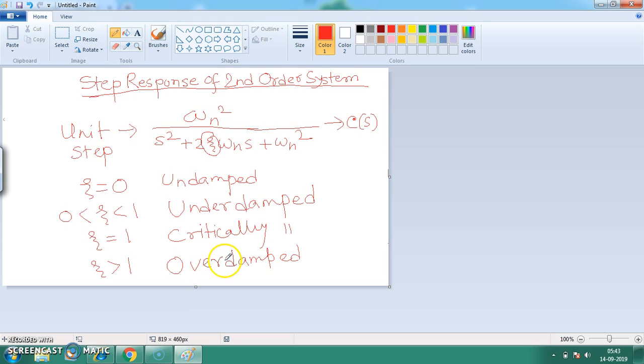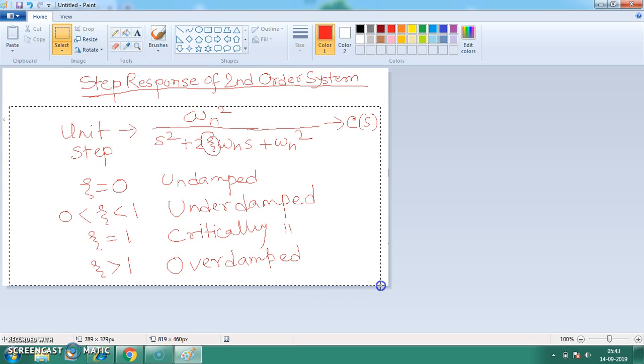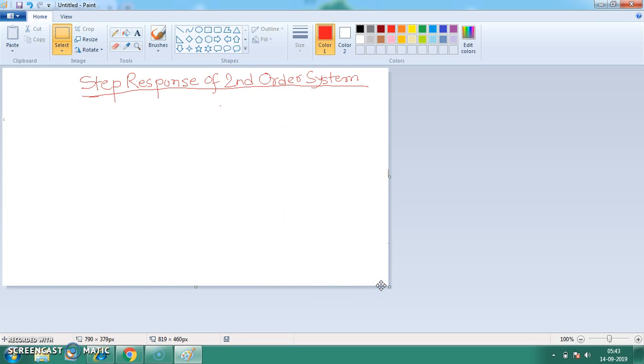Now we are going to learn about underdamped initially. So let's proceed for underdamped response.